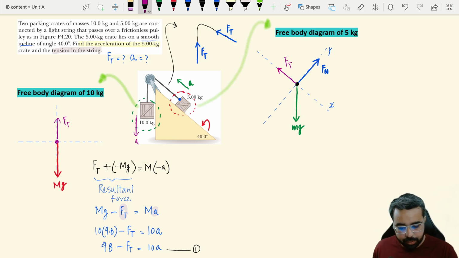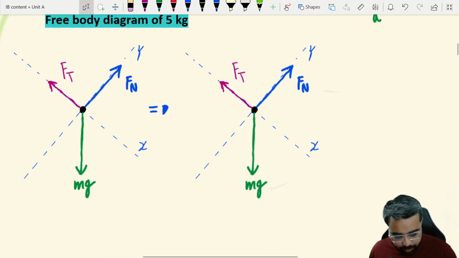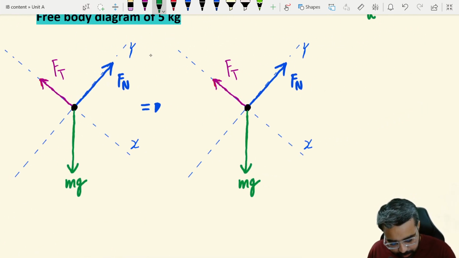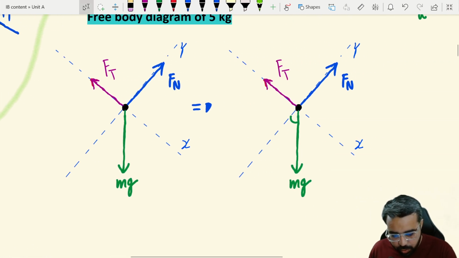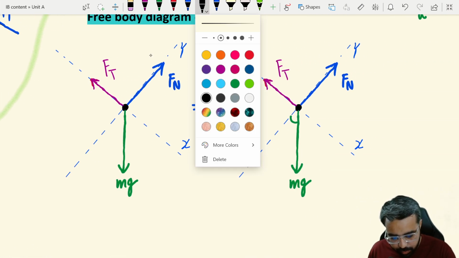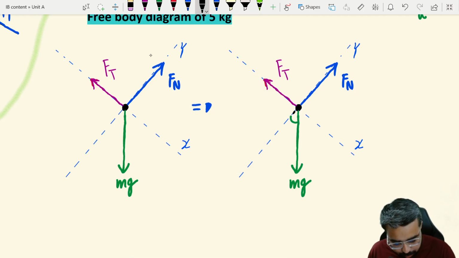In the next diagram, I'm going to split the weight into its components, because we want to write an equation. Okay students, in this diagram this is the angle of the ramp, which is 40 degrees. When you make its components, there will obviously be two components. The one that lies on the y-axis is the y component, and that must be mg cos 40 degrees.